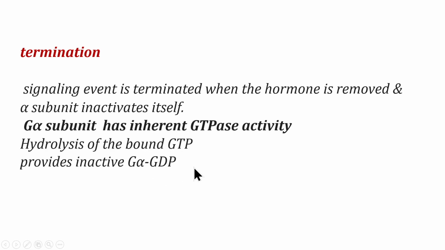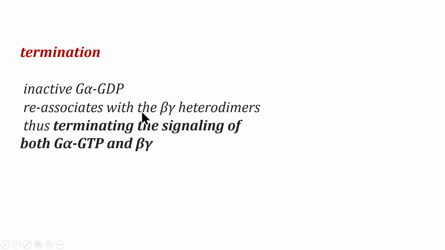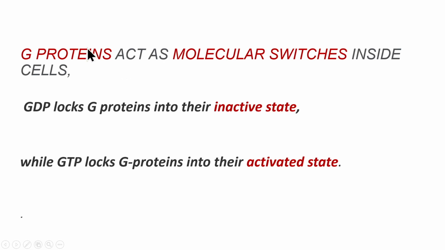The G alpha GDP reassociates with the beta gamma heterodimer, thus terminating the signaling of both G alpha GTP and the beta gamma subunits. Thus, the G proteins act as molecular switches inside the cells. GDP locks G proteins into their inactive state, while GTP locks G proteins into their activated state.